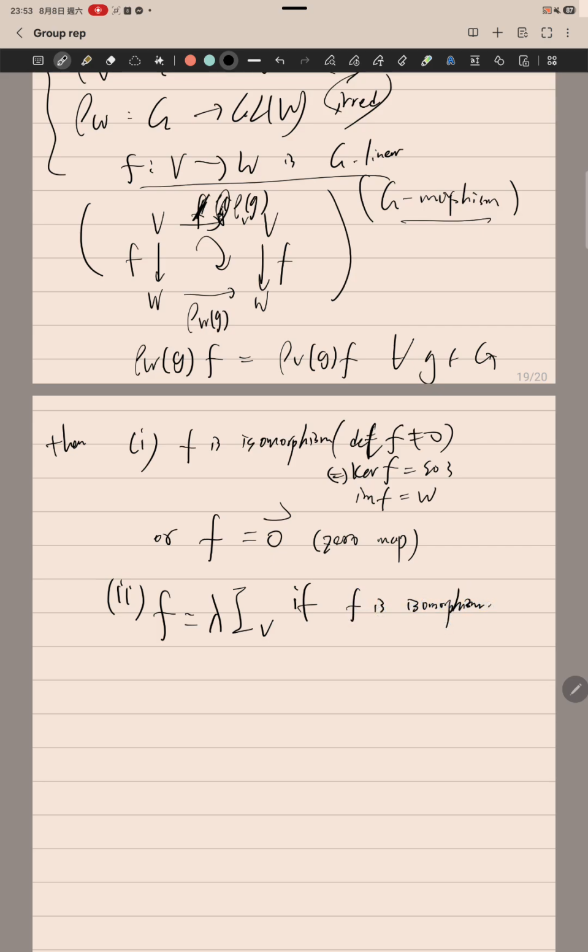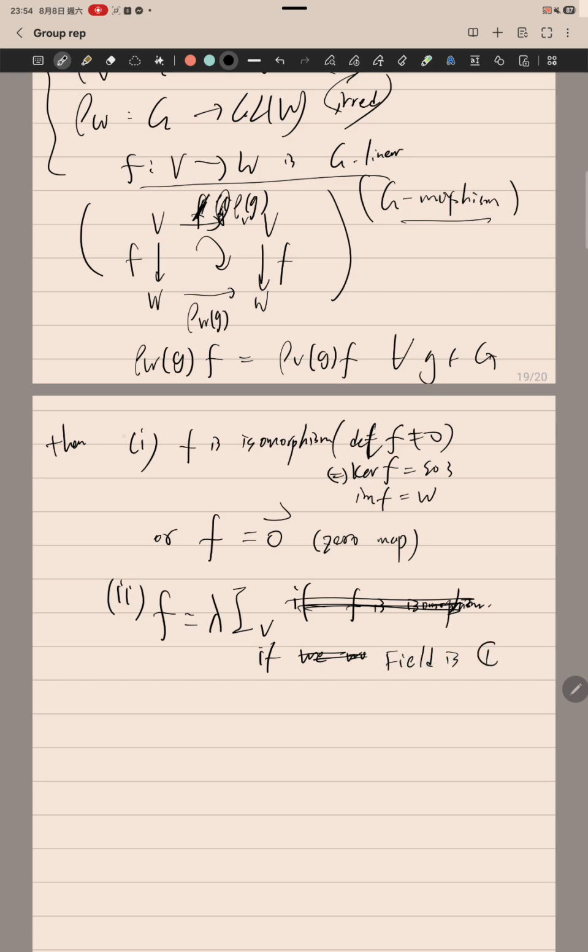Sorry, maybe this is incorrect, I should say that this is true. So f is always lambda times identity, if the underlying field is complex.